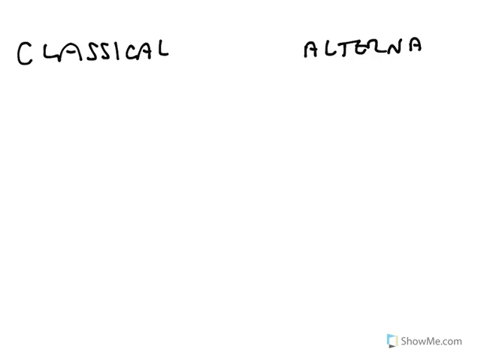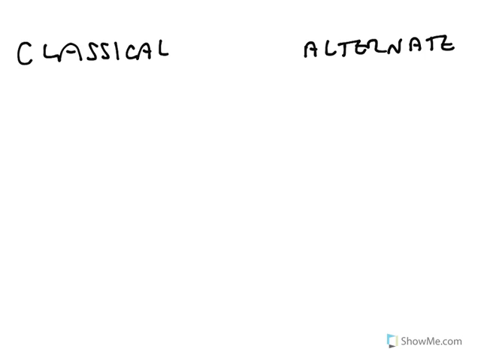The first pathway that we can activate complement by is known as the classical pathway. And the second pathway we can activate complement by is called the alternative pathway. So there are two different routes whereby we can activate this system of 30 pathogen-killing proteins.